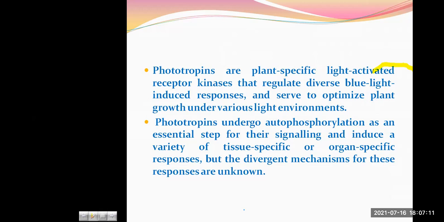We have cambium, apical meristem, parenchyma, collenchyma, and each tissue responds differently to the light by means of these phototropins. Or organ specific: the flower responds one way, the stem responds another way, the leaf responds another way, and there are divergent mechanisms by which these responses are created in plants by phototropins, and most of them are unknown.